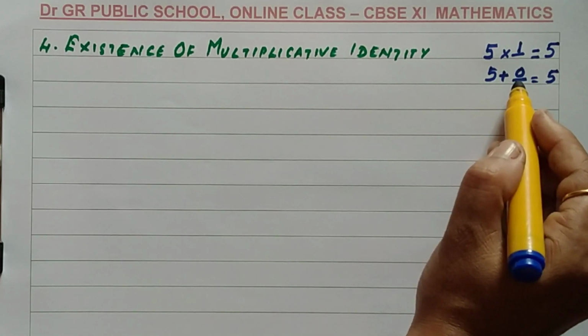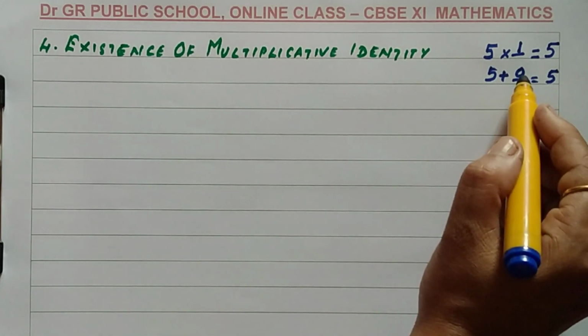In the same way, the additive identity in the case of complex numbers is 0, already studied.